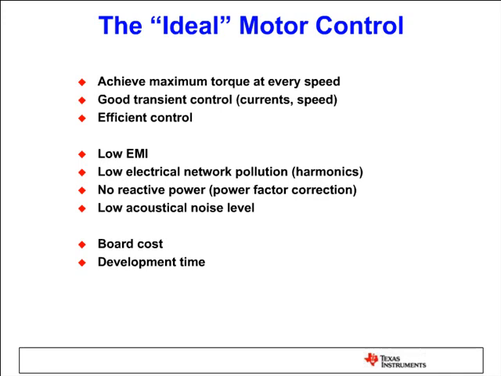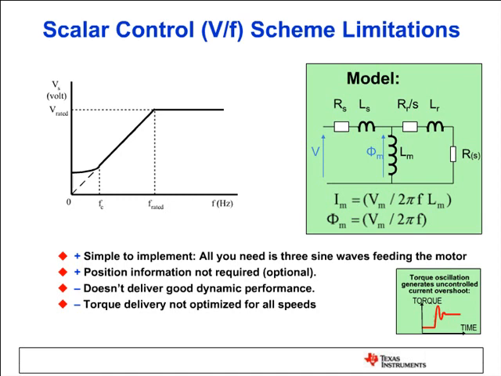The first type of motor control I'm going to talk about today is scalar control. This is applied only to induction motors, and it is very popular. Today, 70-80% of induction motors are driven by scalar control. This is not a very efficient way to control an induction motor, and the transients are poor, as you see in the bottom picture on the right-hand side.